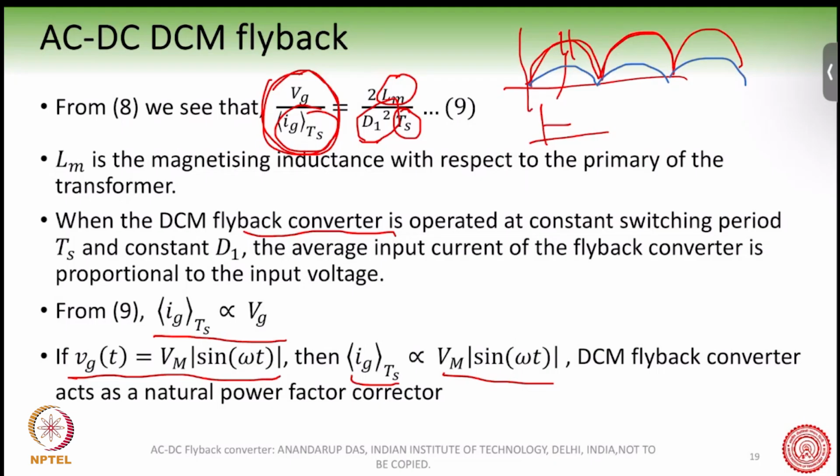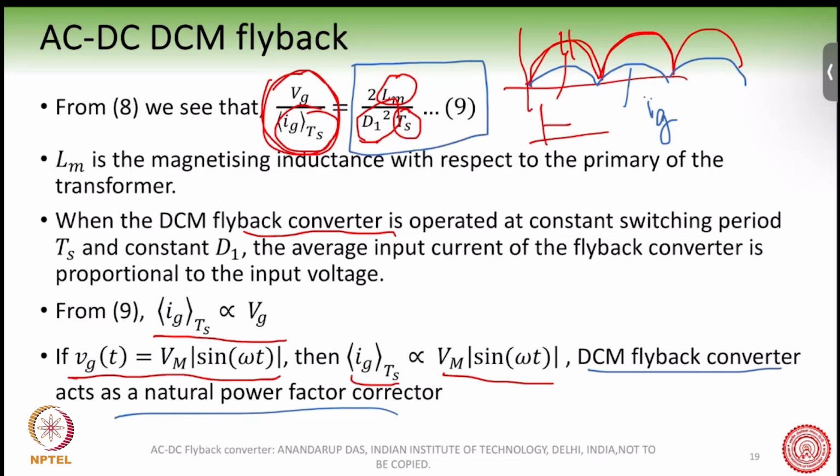So the DCM flyback converter will act as a natural power factor circuit, provided all these values, 2 Lm by D1 square Ts, become constant. This is one of the advantages of operating this converter under DCM.